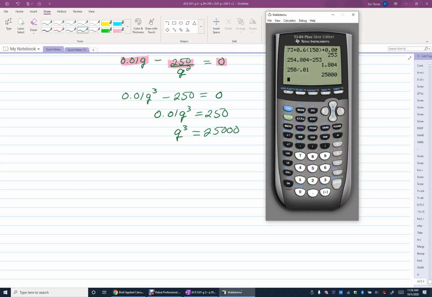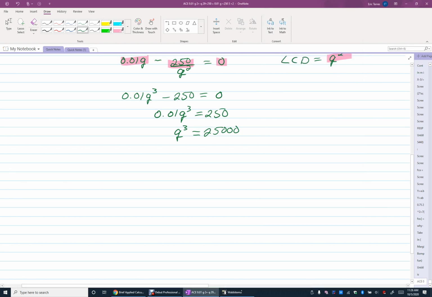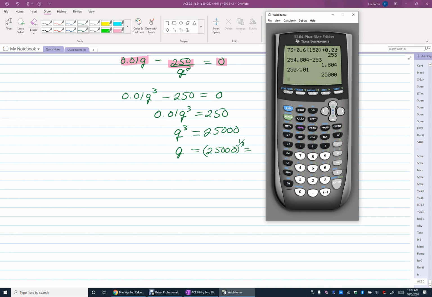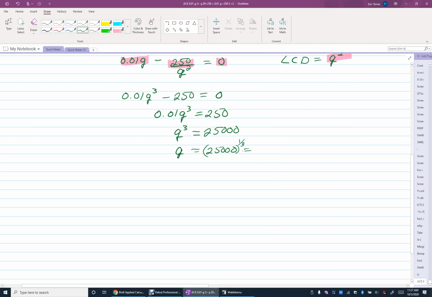Correct? Yes, it is. And I'm going to remove that exponent. It's a cubed, so by taking the cube root of both sides, or raising it to the 1/3 power. Same thing. So both sides to the 1/3 power. I'm going to throw that in my calculator. So raise that thing to 1 divided by 3. Enter. 29.24 approximation.